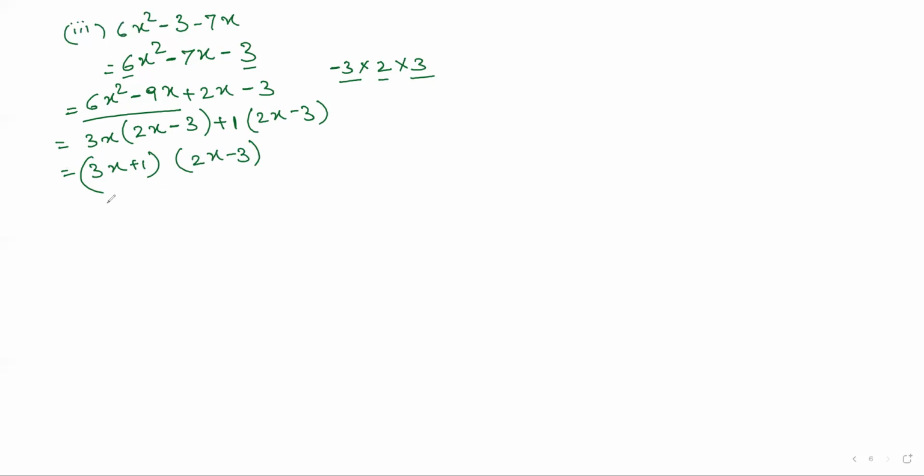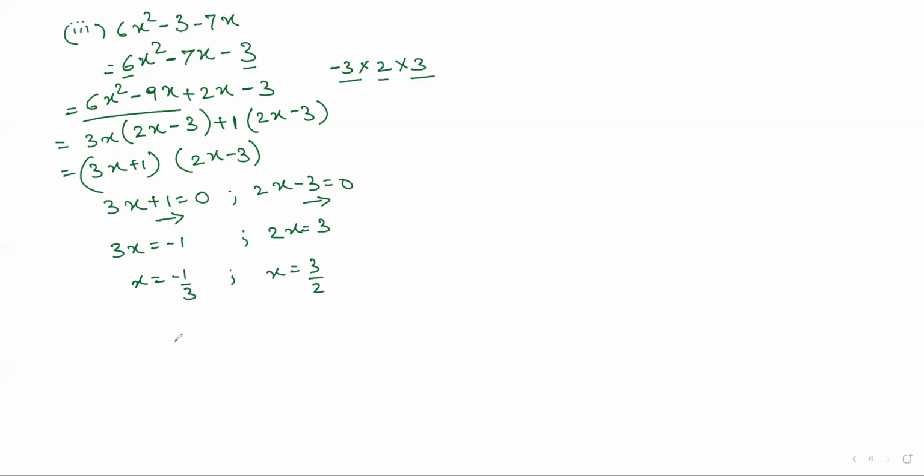Equating each of these expressions with 0, you get 3x plus 1 is equal to 0 and 2x minus 3 is equal to 0. Transferring 1 and minus 3 to the right hand sides, you have 3x is equal to minus 1 and 2x is equal to 3. X is equal to minus 1 by 3. X is equal to 3 by 2.